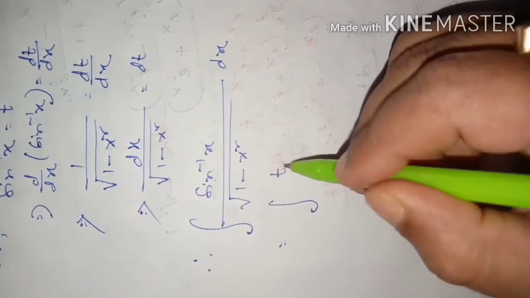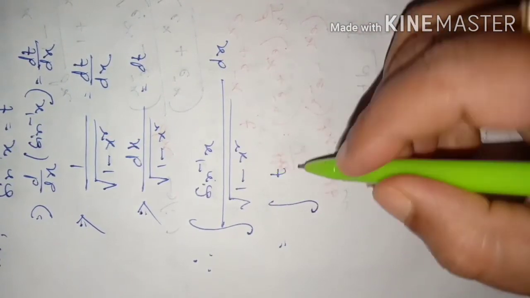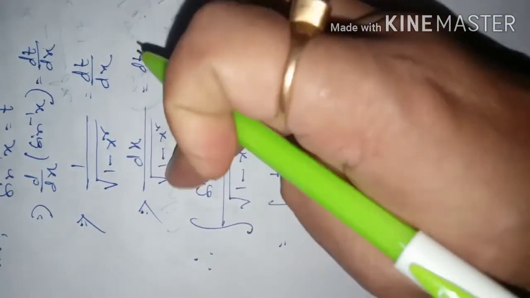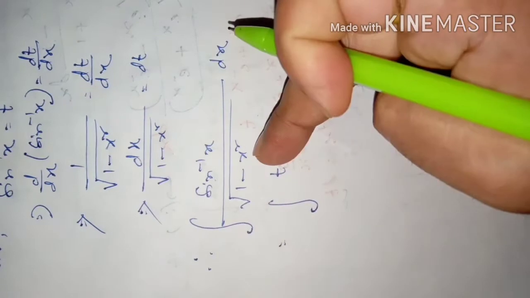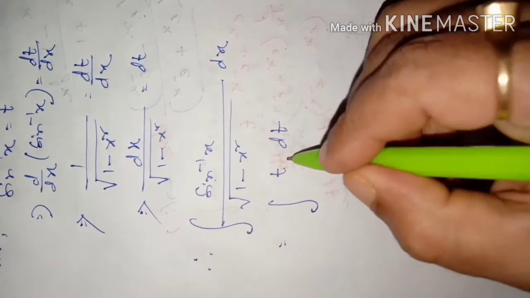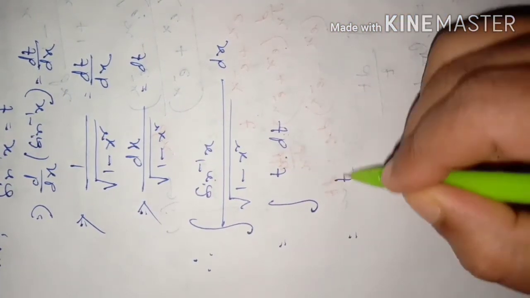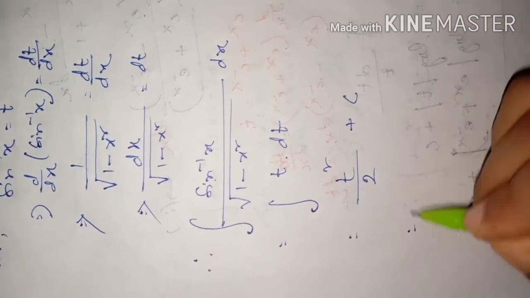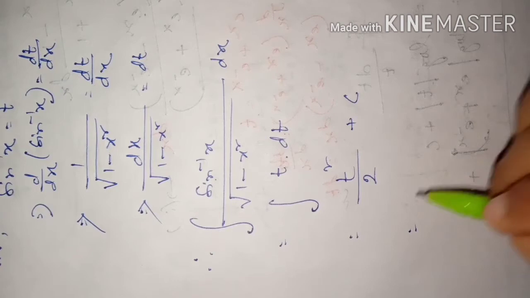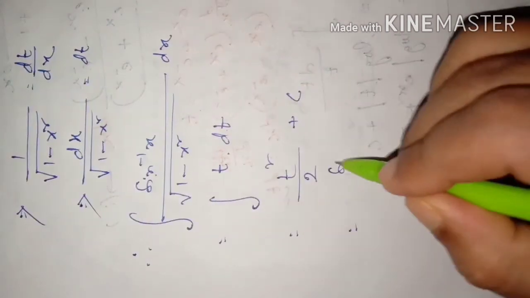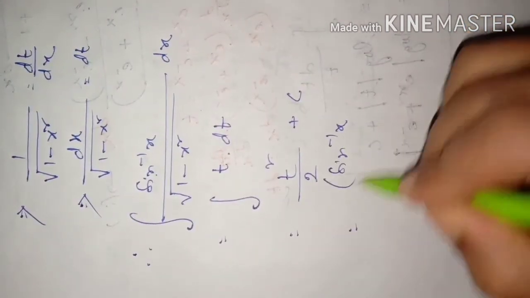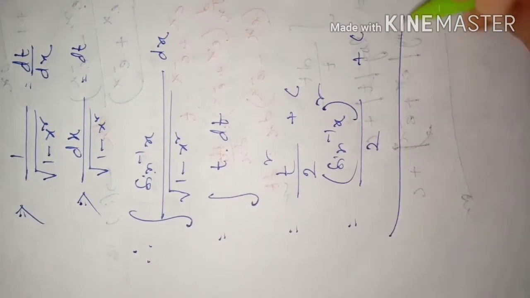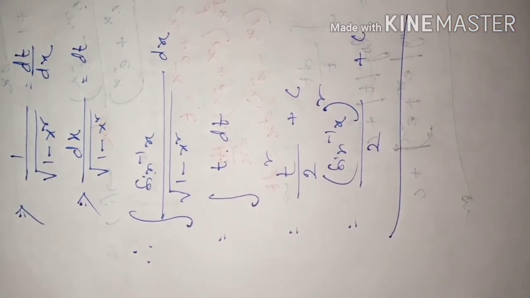T. Then dx by under root 1 minus x square is dt. Substituting this, it can be written as t square by 2 plus c, and t actually represents what? Sine inverse x. So we can write here sine inverse x whole square by 2 plus c. This is our answer. Okay, dear students?